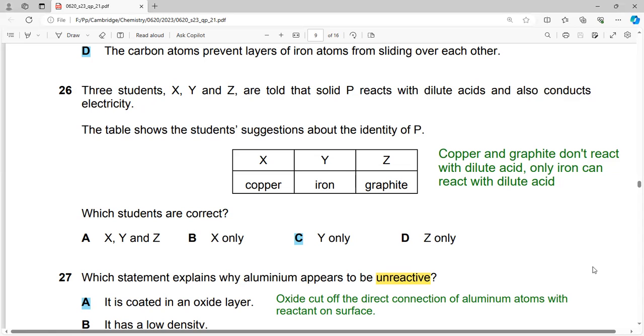So we can see that there are particular metals which can directly react with dilute hydrochloric acid. What about the others that cannot react? For example, copper and graphite cannot react with dilute hydrochloric acid. Y can react, so that's why C is our correct option. Student Y suggested iron. That is the correct option.